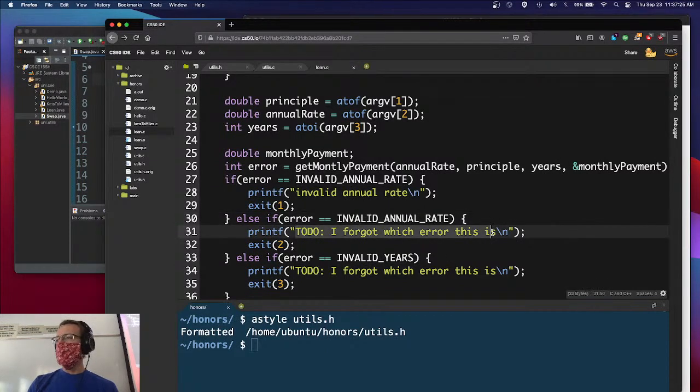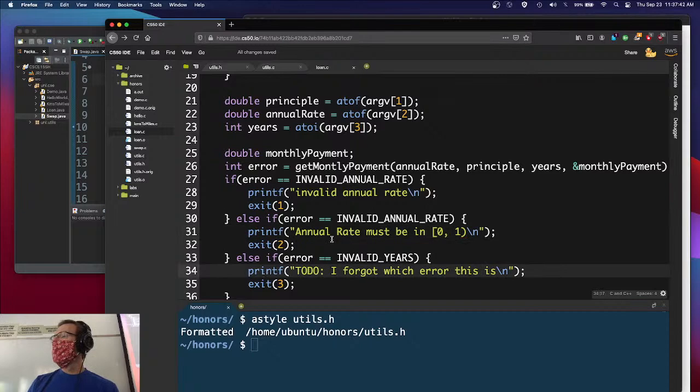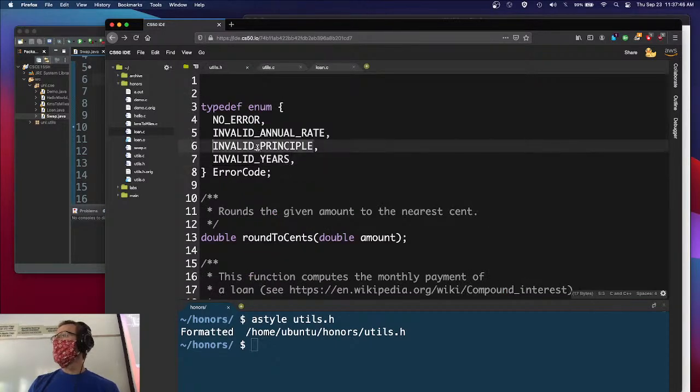Oh yeah, that's an invalid annual rate. So annual rate must be in 0 to 1. Right? Oh, and then I guess exclusive on the 1, right? There we go. Yeah. Oh, I did. Thank you. Annual rate, principal. There we go.